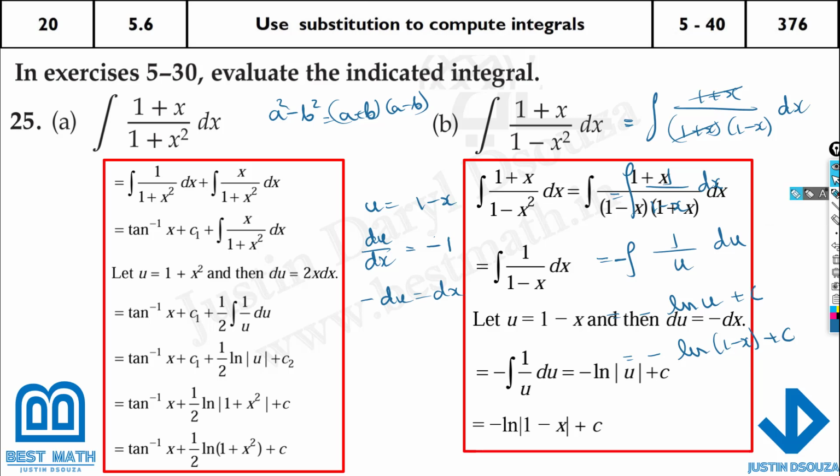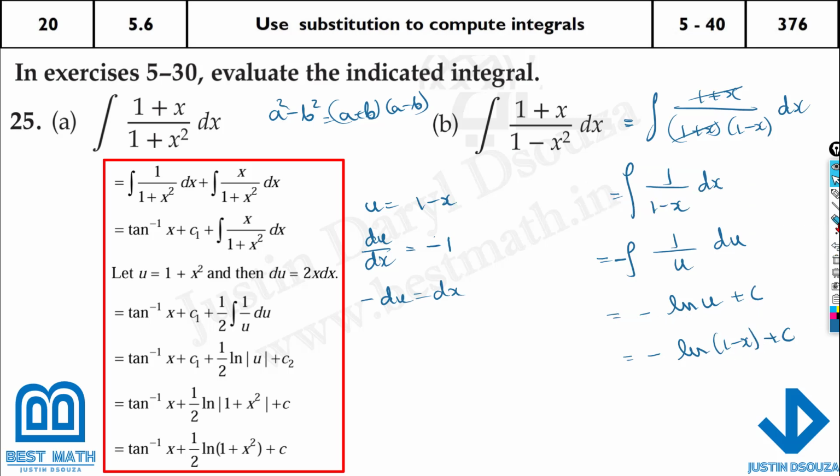Okay, here now, I forgot to write one important thing. This is correct, everything is correct, but the modulus symbol, that is the absolute value symbol, is very important. Why is that? Because I have minus x, so x can be 5. It'll be minus 5 plus 1, that is equal to minus 4, which will make the logarithm undefined. So I have to write this modulus. In the previous case, it's x squared.